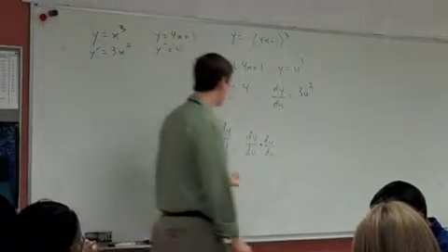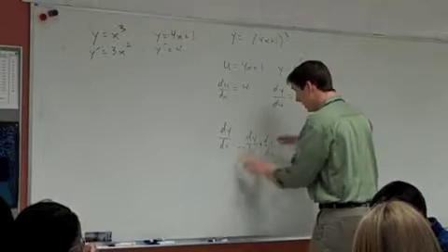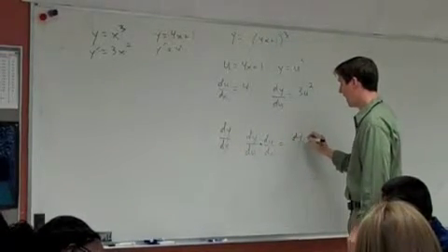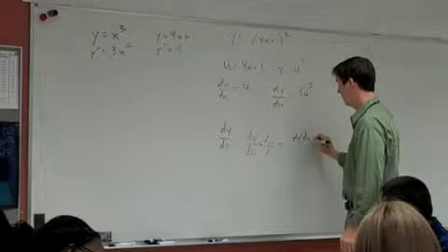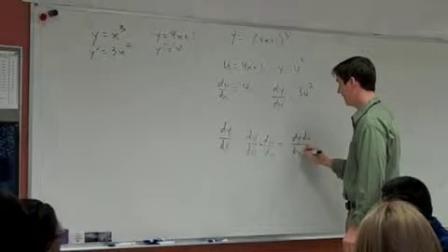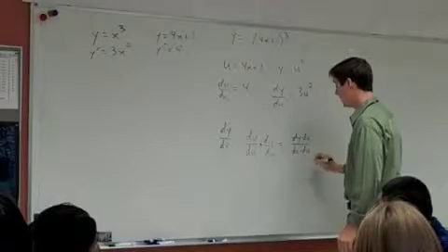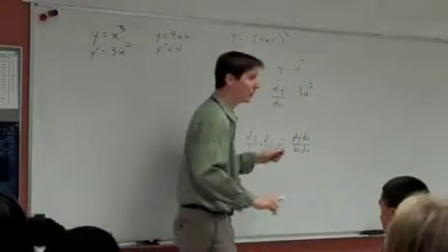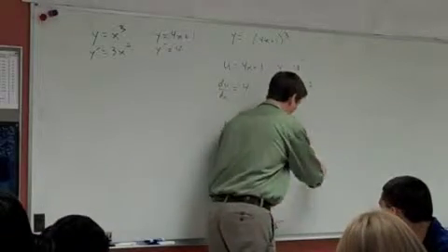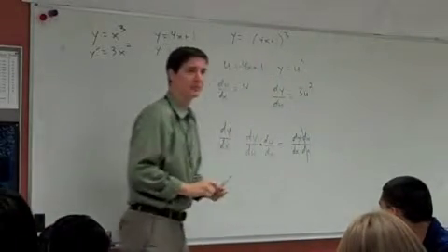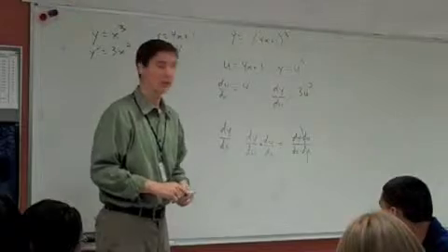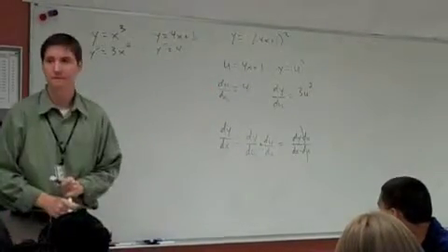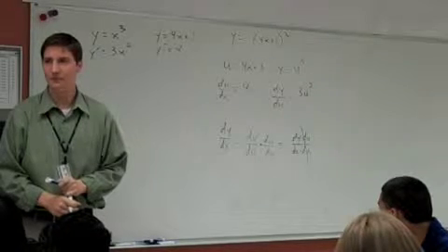If you multiplied these across, two fractions, you would get dy times du divided by, I'm going to flip these, dx times du. You have the same number on the top and the bottom. Bam! So that these are equal. Does that make sense, you guys?